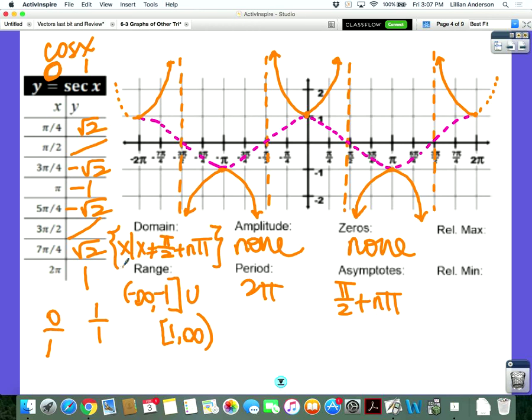Our relative maximums are actually now at every pi, spread out by how many? 2 pi. And our mins, where are they?